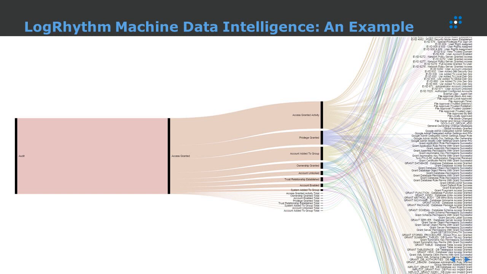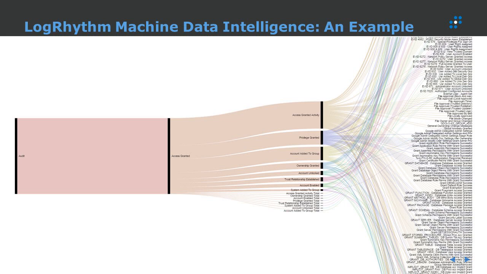The way we've gone about this is through a strongly defined data structure and taxonomy. The idea is to pull all that useful data out of the log, to interpret it, and to classify it with plain English, technology agnostic descriptions.